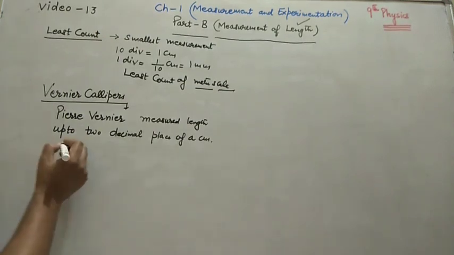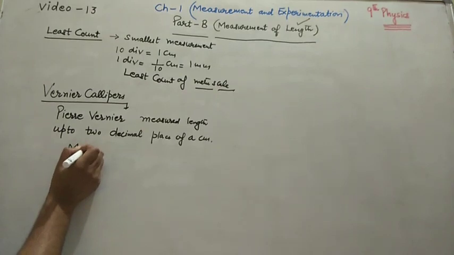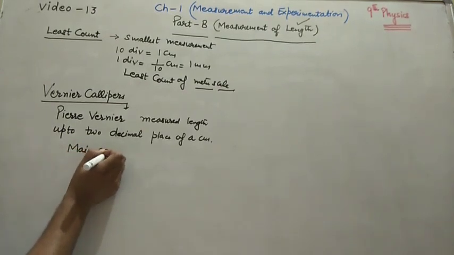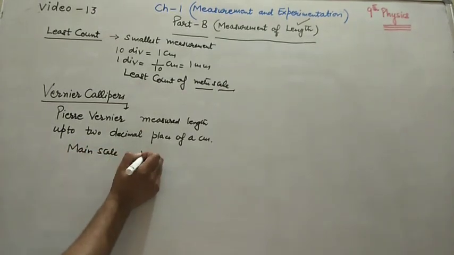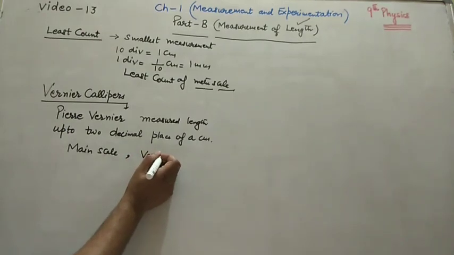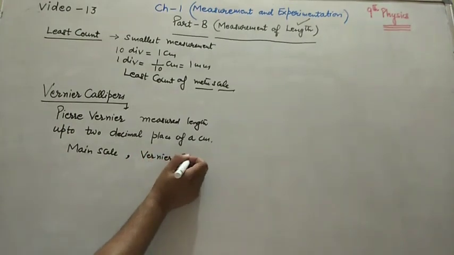Now in this we have one main scale and the other one is the vernier scale. Two scales are provided over here.